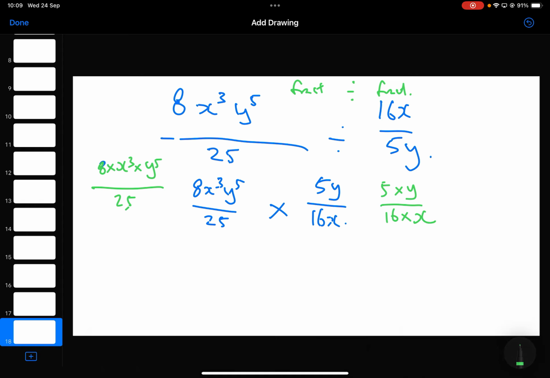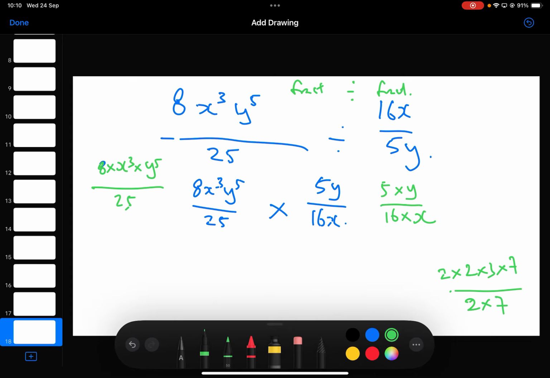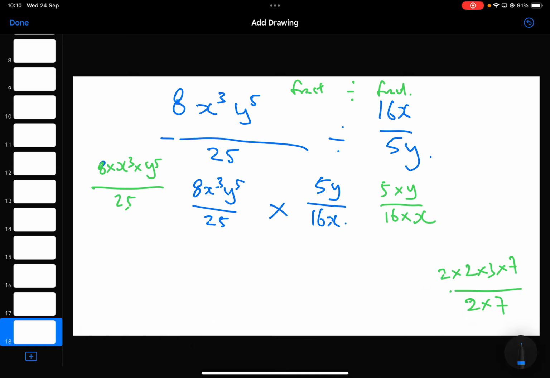When they are all multiplication, if I think back to primary school mathematics, I know 2 times 2 times 3 times 7, below got 2 times 7. They are all multiplication, I can cancel them. 2 and 2 cancel, 7 and 7 cancel. Anything that can cancel, I cancel. So when I look at 8 and the x and the y's and the numbers, there is no difference. They are all multiplication.